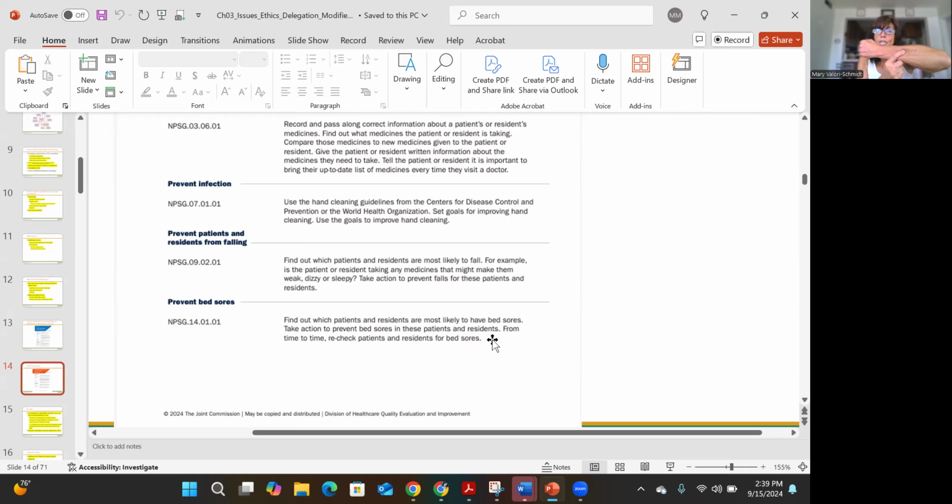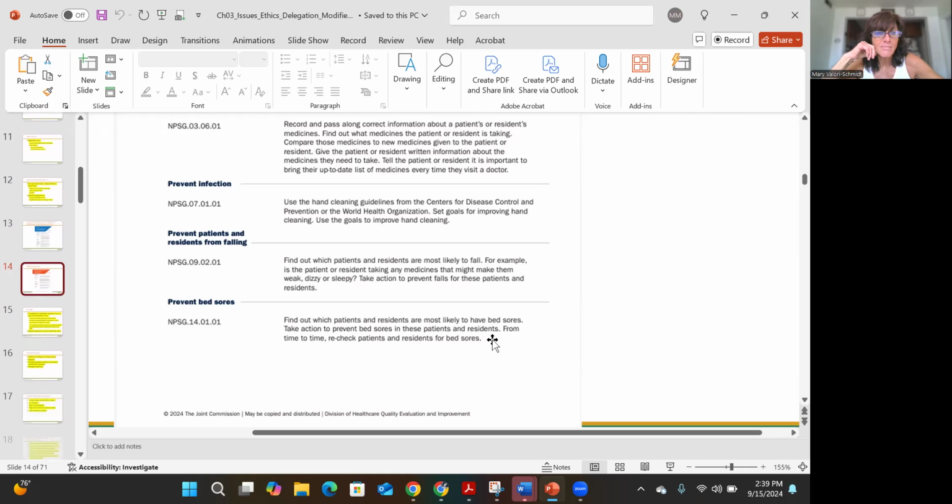It means when I push on the skin, it's supposed to blanch, turn white, and then get pink. If I push on it and it stays red, that's hyperemia, and that's a stage 1. So most likely to happen at the sacral coccyx area, the heels, bony prominences are where pressure ulcers are likely to develop. So you want to make sure that you are preventing. And also if they have oxygen, pressure ulcers behind the ears from the oxygen tubing, nasal cannula.